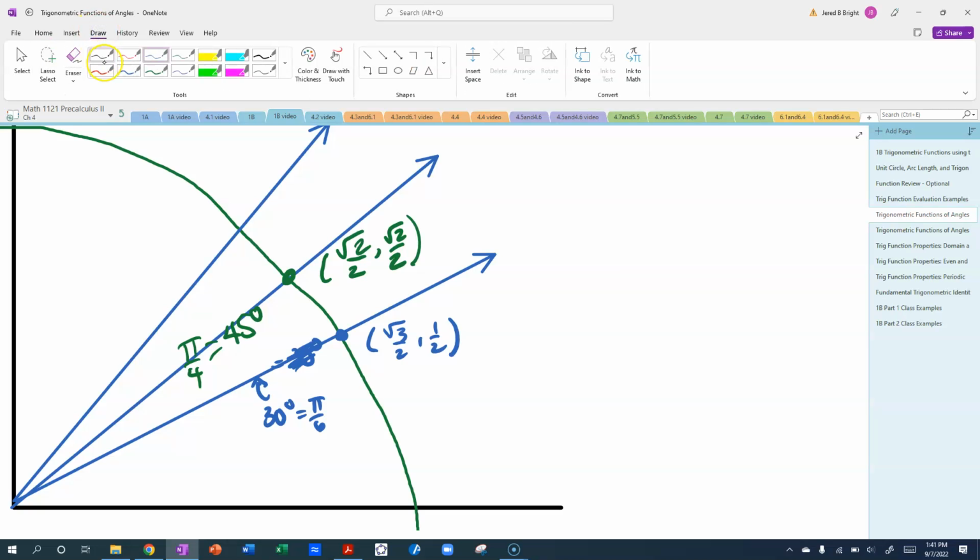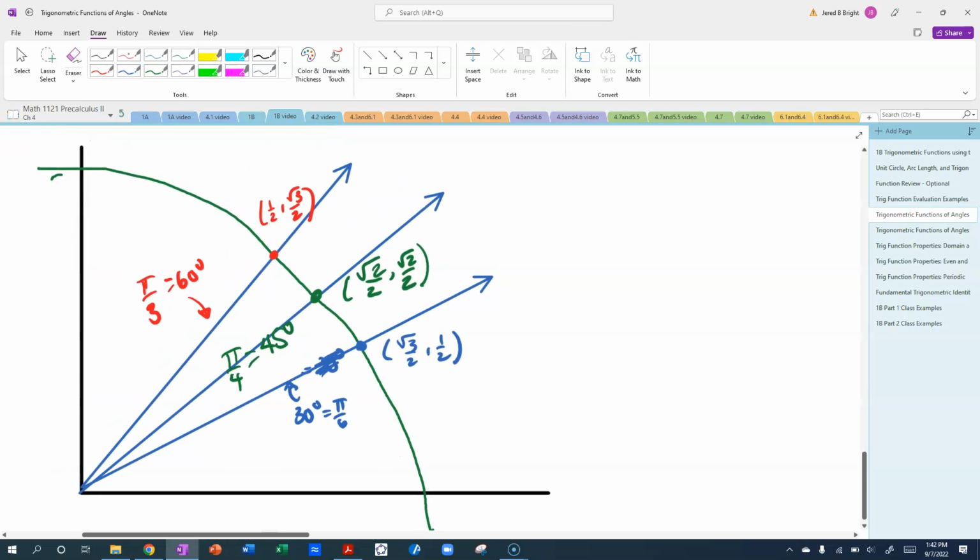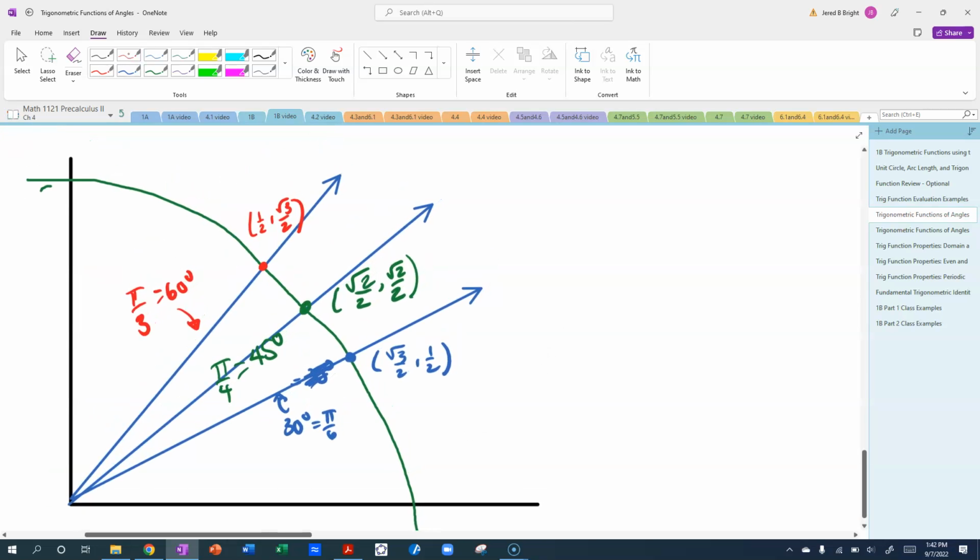And if this is pi over 3, which is 60 degrees, then this point here is 1/2, comma, square root of 3 over 2. Now these three lines here are very nice angles that we can work with.